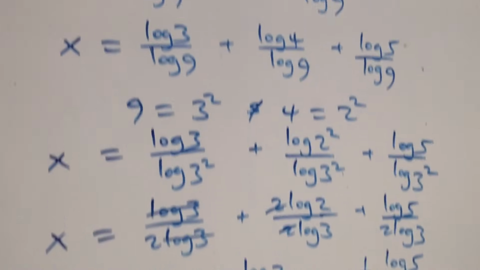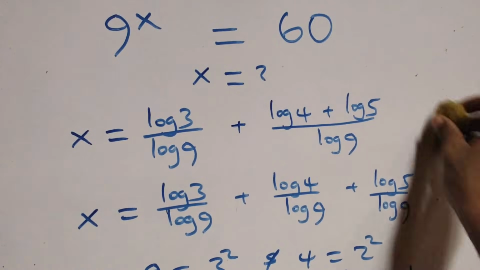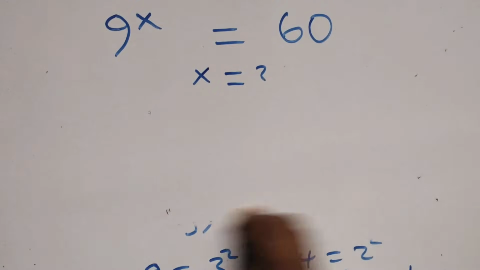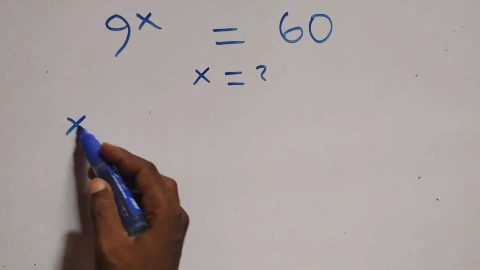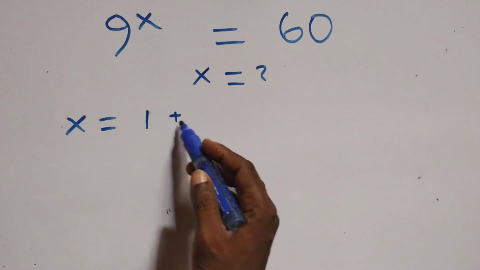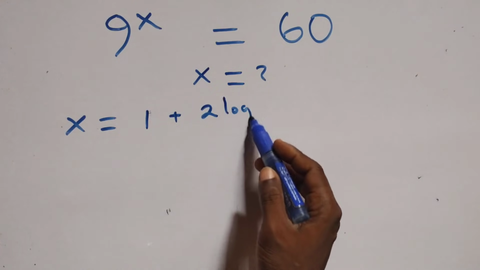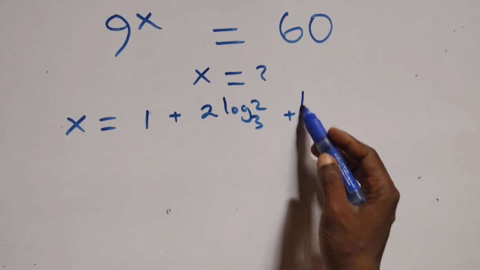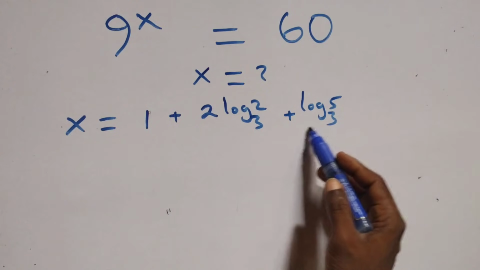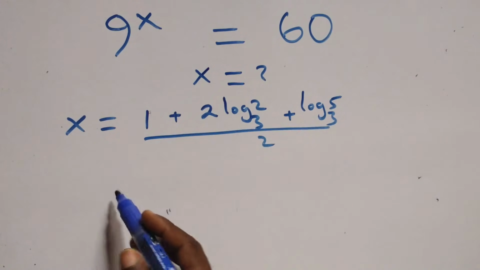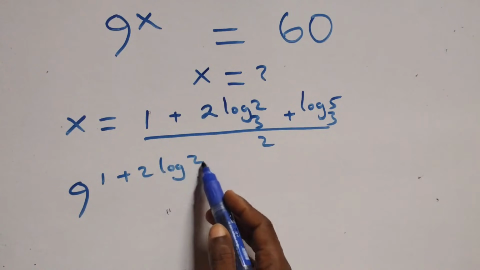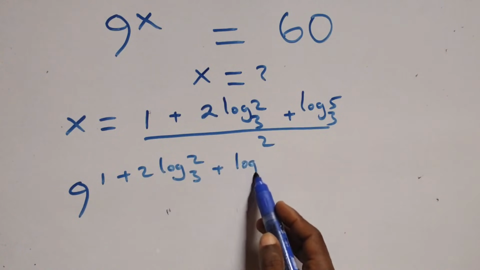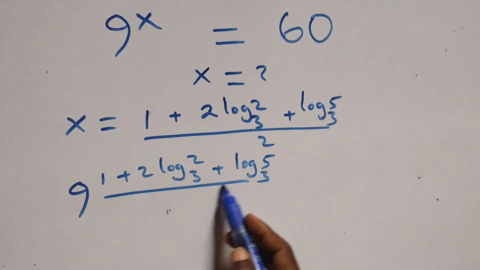Then let's check if this satisfies the given problem. That is, we substitute the value of x here, which is x equals to 1 plus 2 log 2 base 3 plus log 5 base 3, all over 2. Here we have 9 raised to power 1 plus 2 log 2 base 3 plus log 5 base 3, all over 2.